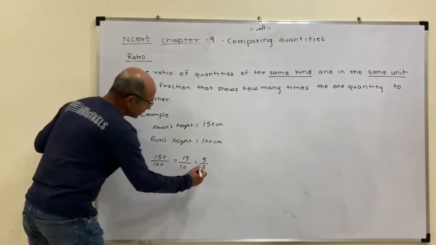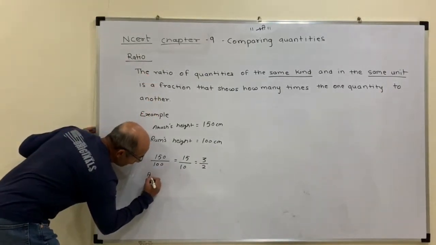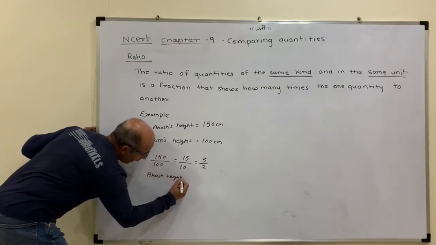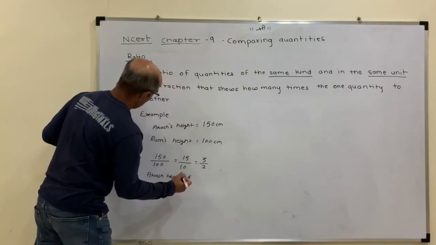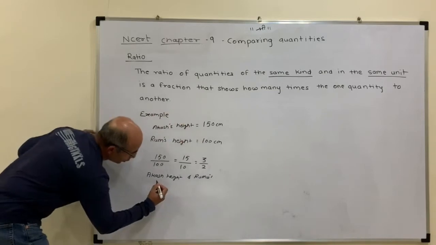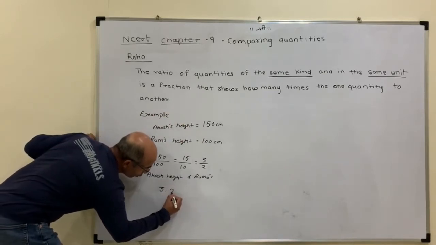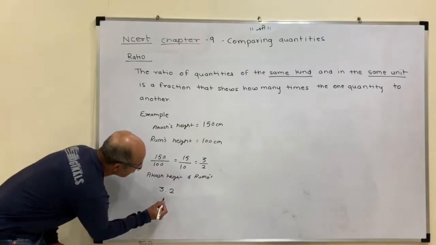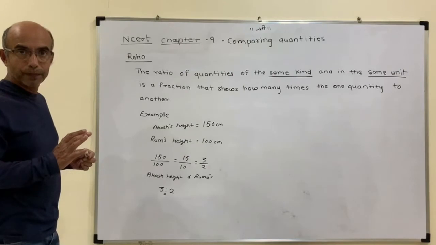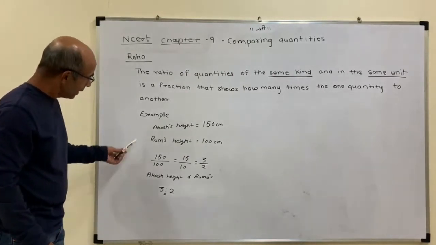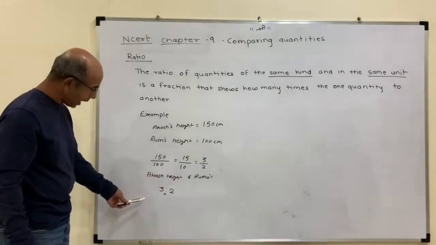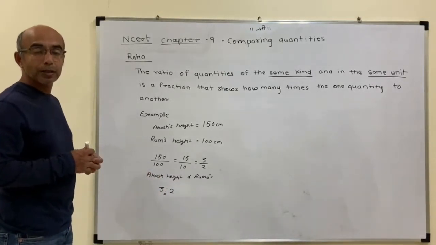So in simplified form, Akash's height and Ruma's height are in the ratio 3:2. This double dot is the sign of the ratio. So here I am saying Akash's height and Ruma's height are in 3:2 ratio.